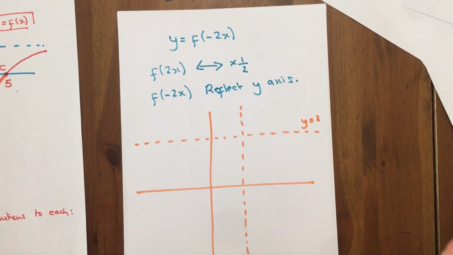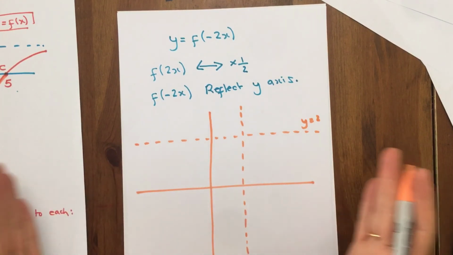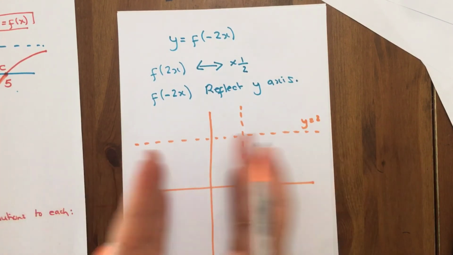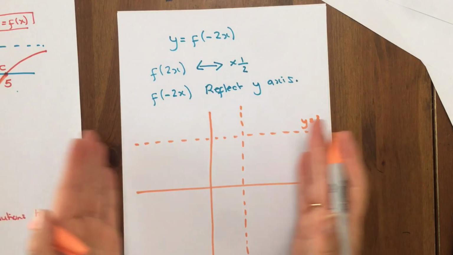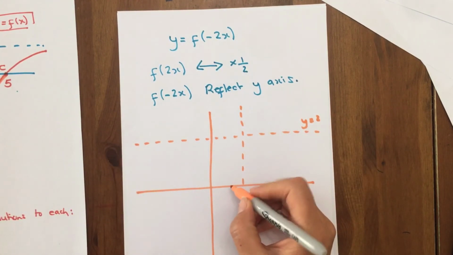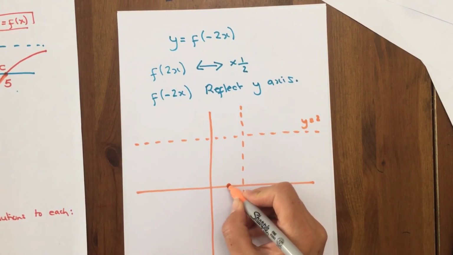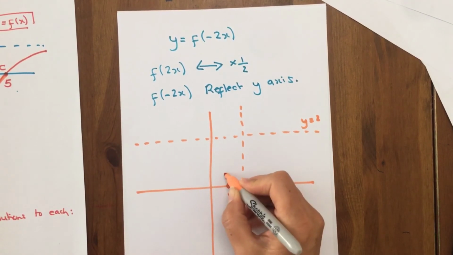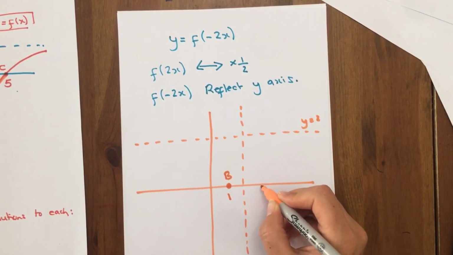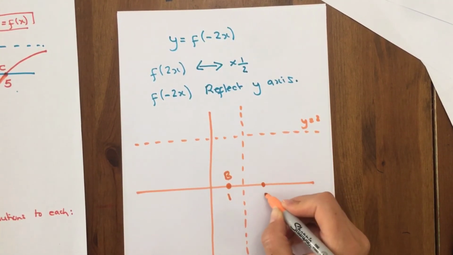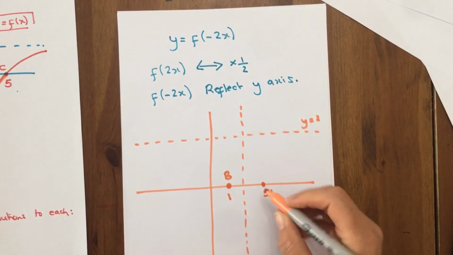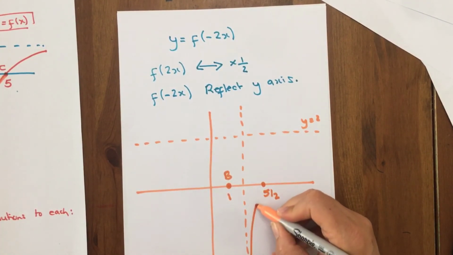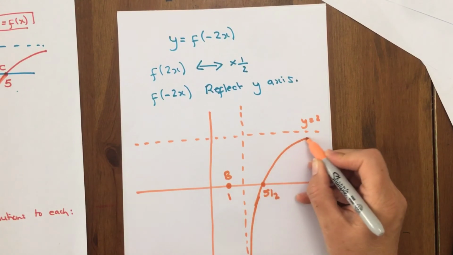And everything else is squashed by a half inwards, half into the x-axis. So my 2, 1, my part B will now go to 1. My C will now go to 2.5, or 5 over 2. So this part of the graph will look like this.